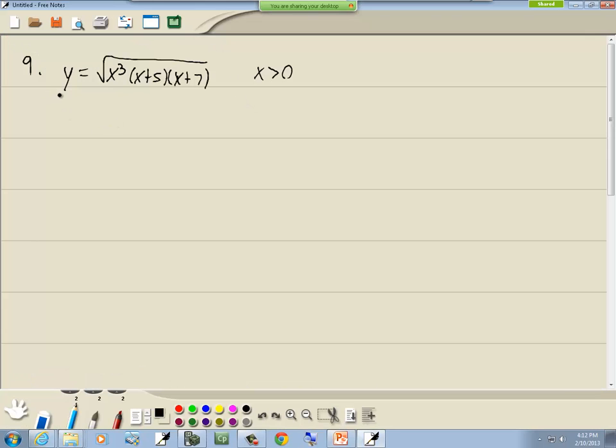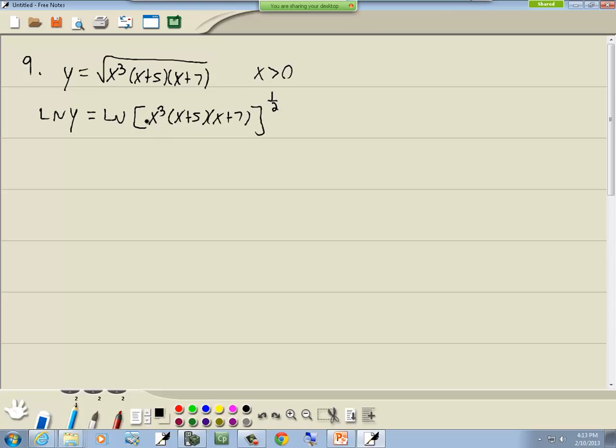Well, we got a property from college algebra that says you can take natural log of both sides. So I'll do that. Take the natural log of y, and I'll take the natural log of this square root. Now I'm going to go ahead and rewrite that into fractional power form, rational exponents. The square root is the 1/2 power.